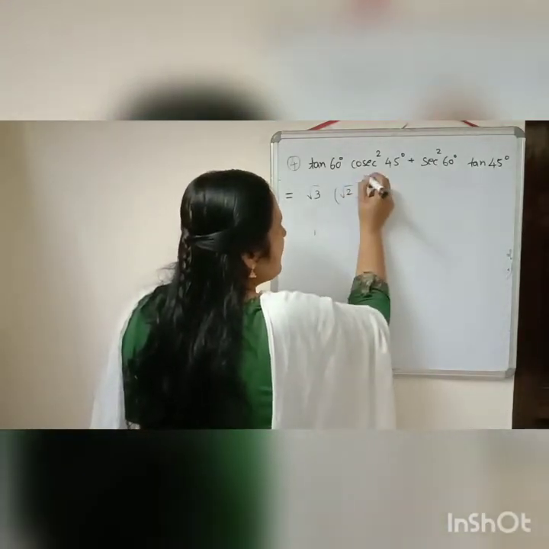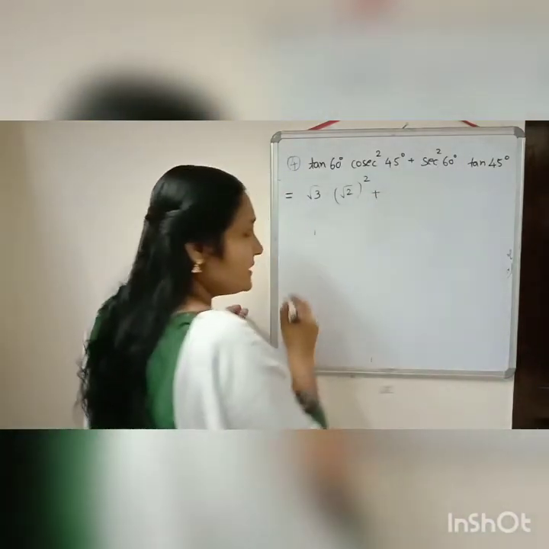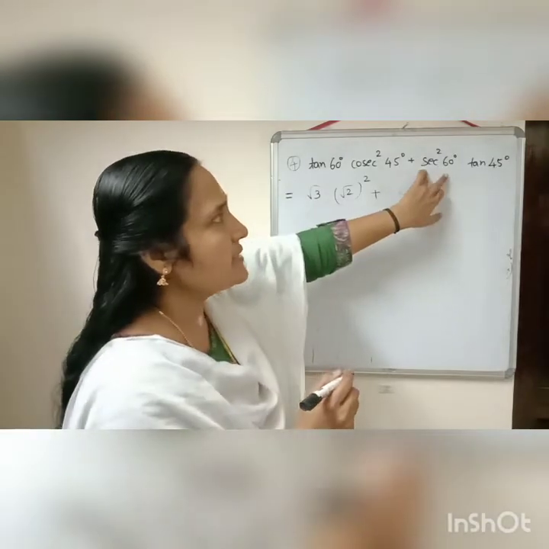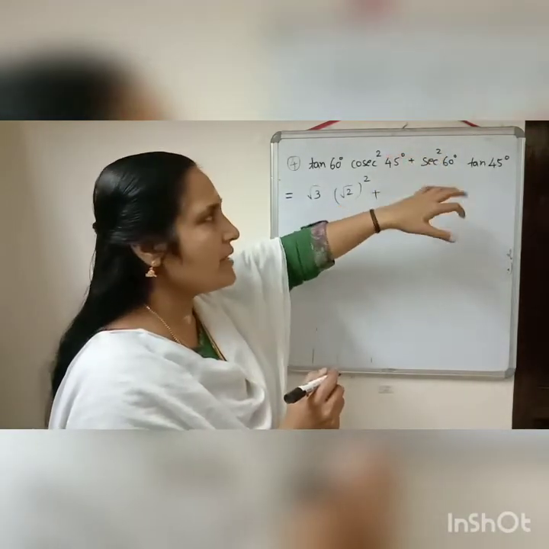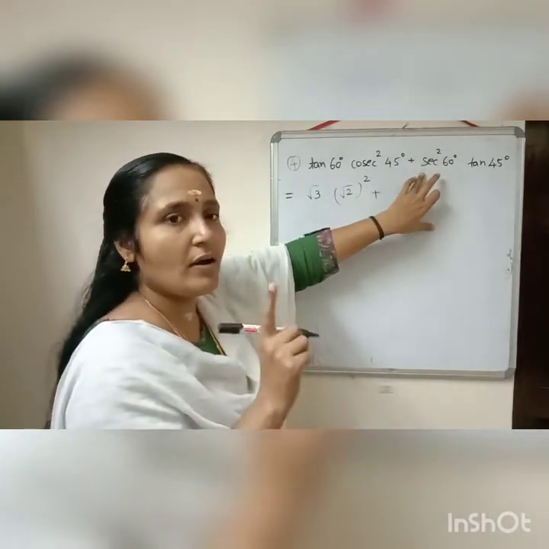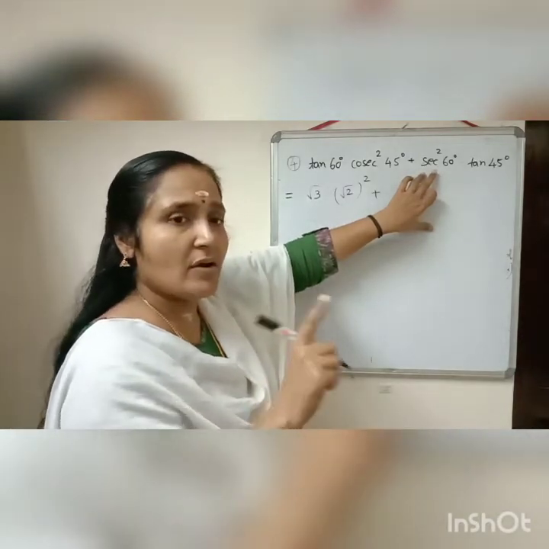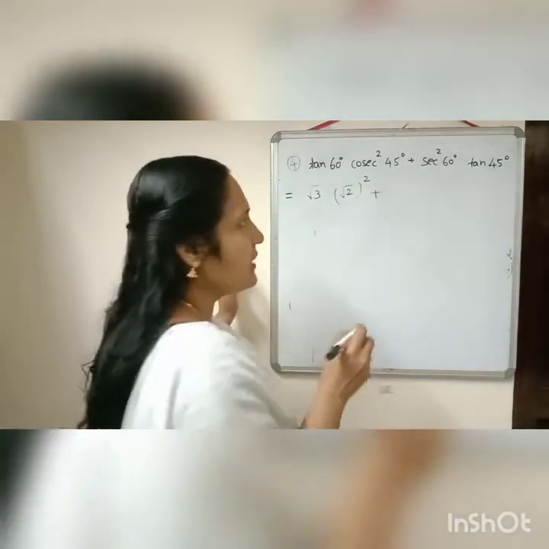So it will come root 2 the whole square plus sec square 60 degree, which is sec 60 degree the whole square. Again, most probably we don't remember the values of sec, so just check: sec is the reciprocal of cos. Cos 60 degree is 1 by 2, so sec 60 degree will be equal to 2.